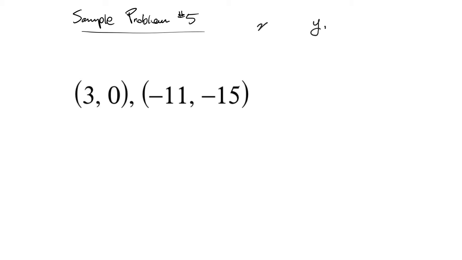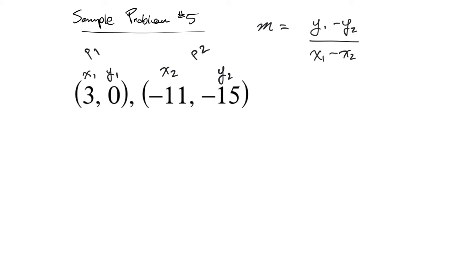So our slope formula, m equals y1 minus y2 over x1 minus x2. First thing I like to do is label the coordinates in each of my points. It actually doesn't matter which one is point 1. This is point 1 and this is point 2. What matters is I put the y's on the top and the x's on the bottom.